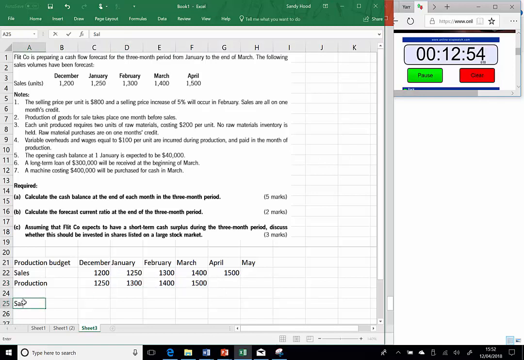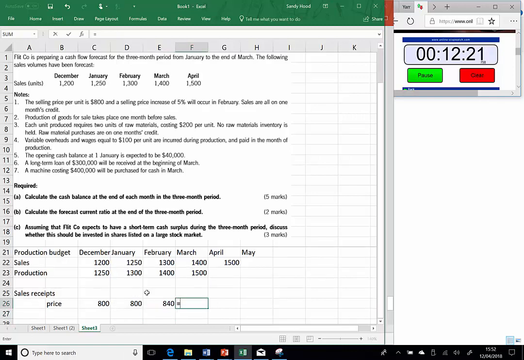If I do my sales receipts, I know that, for example, each unit is sold at a price of 800 in December and January, and in February they go up by 5%. So use the spreadsheet, 1.05 times 800, and then it just equals the previous figure.